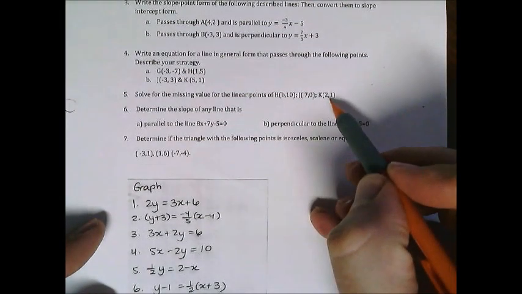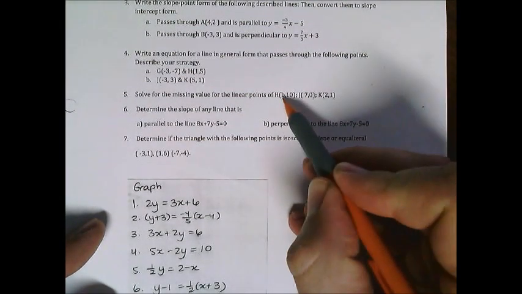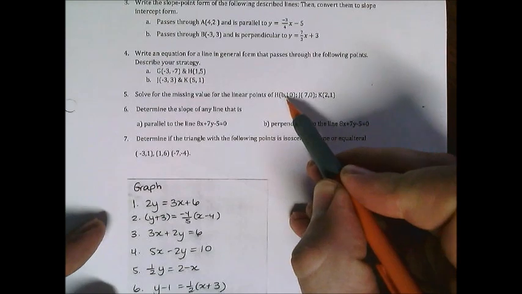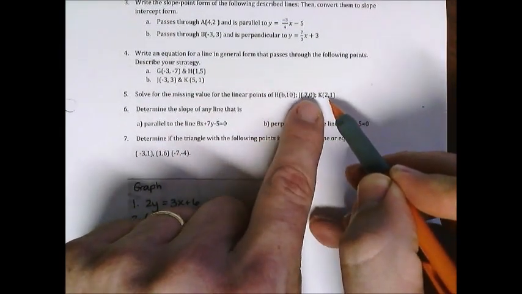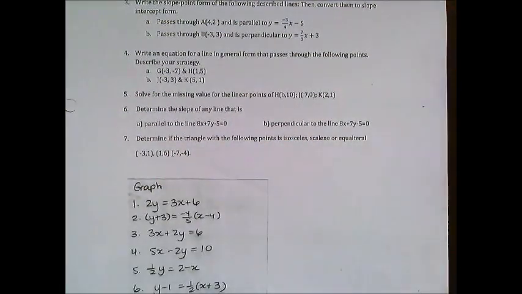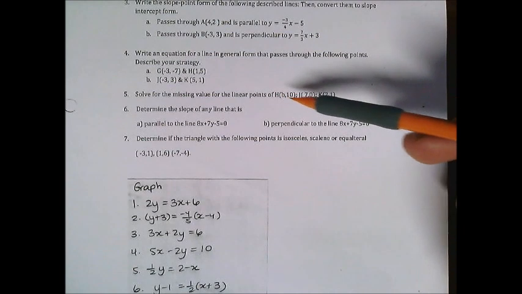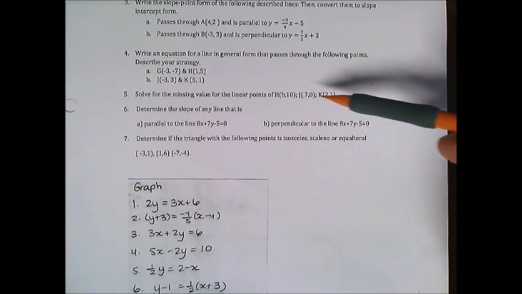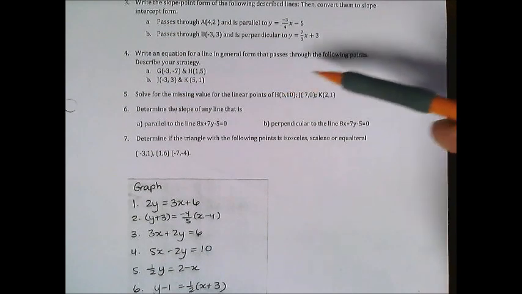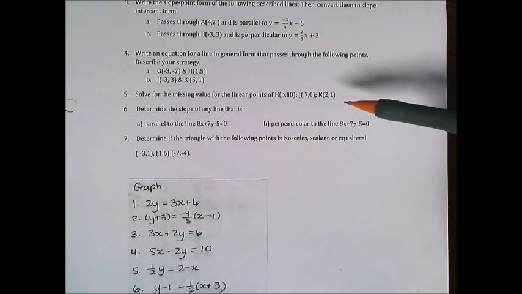But what we do know is that if they're on the same line, then it doesn't matter which 2 points I use, I would end up with the same slope. After I reduce everything, the slope between this point and this, and here and here, JK or HK, they should all be the same.